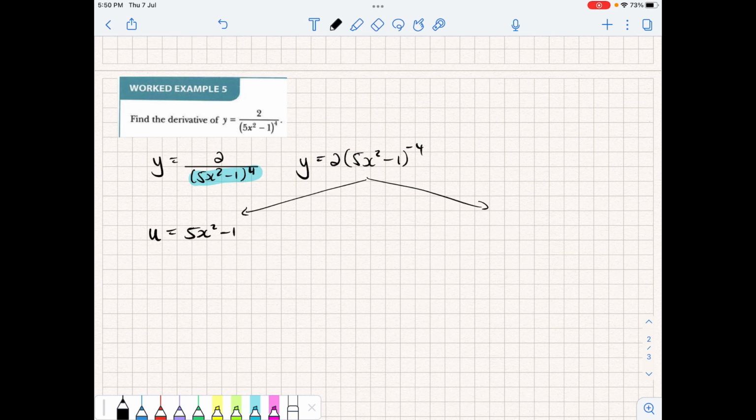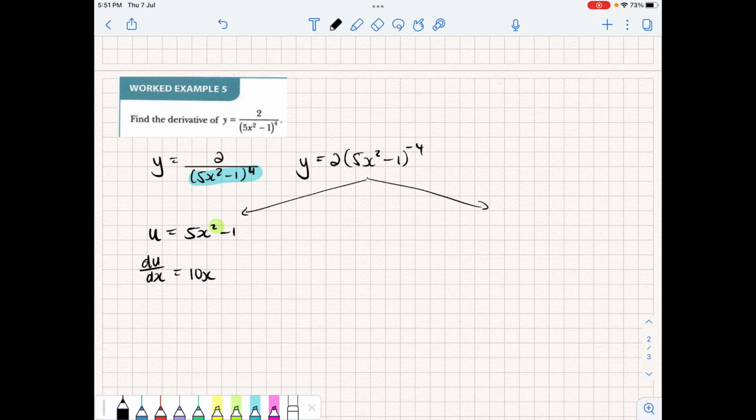And then I can just differentiate that. So I have u equal to something, so I'm going to have du on dx. I'll just differentiate that using the power rule. So multiply by the power, so we'll get 10x, reduce the power by 1. Minus 1 is a constant, and so there's no derivative.